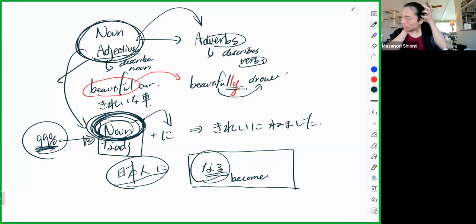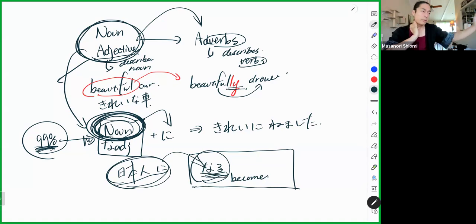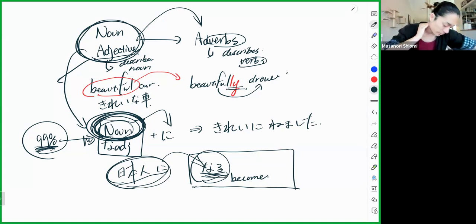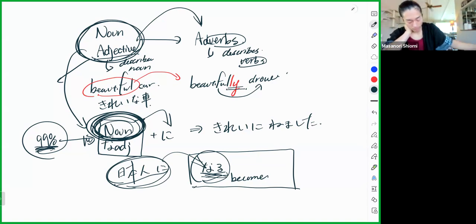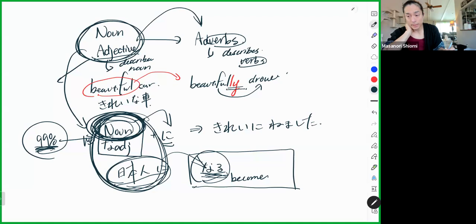Good. So yeah, noun version, usually we just use the become. He became a doctor. I want to be professional baseball player or whatever, right? Okay, so this is the noun and adjective version. Just add ni and that's it. And it becomes adverb. Okay.